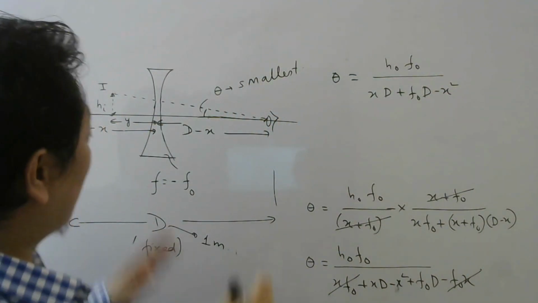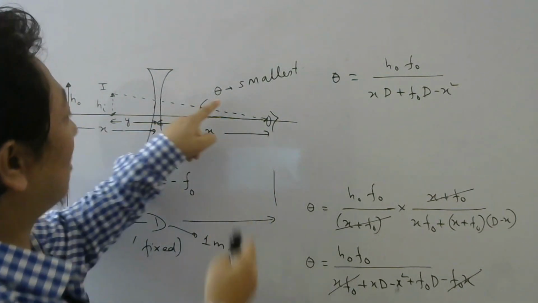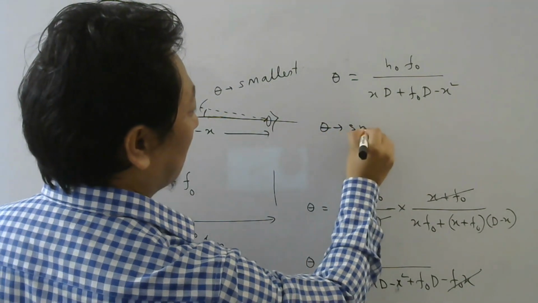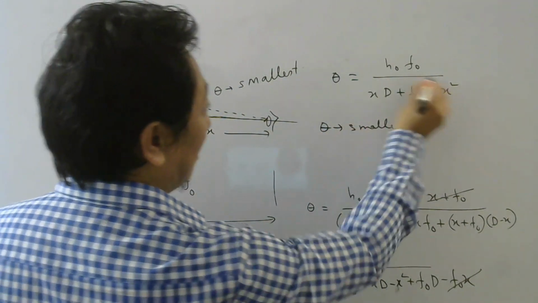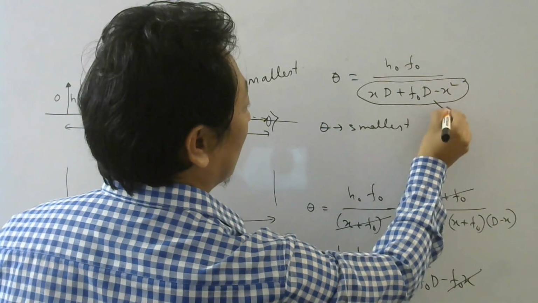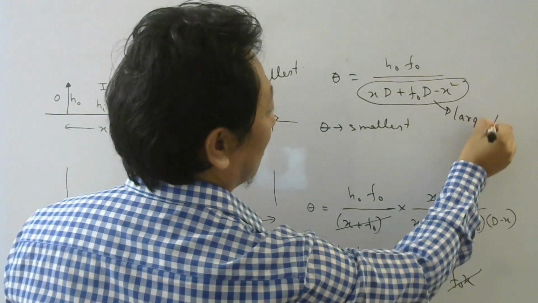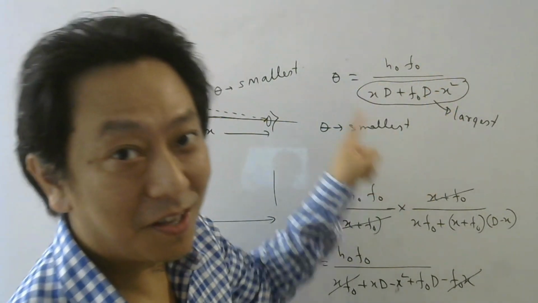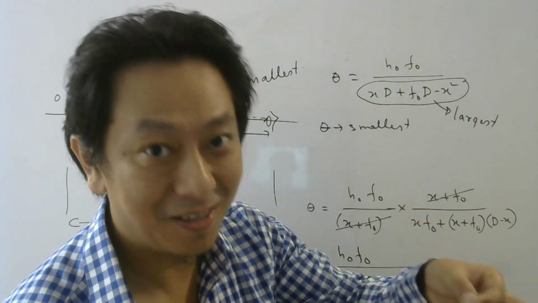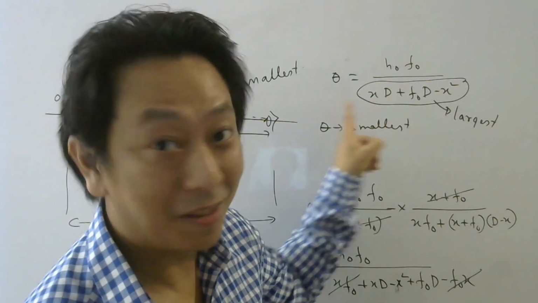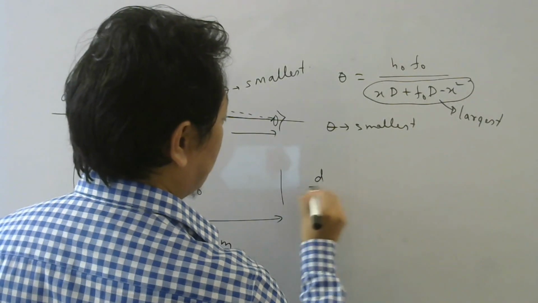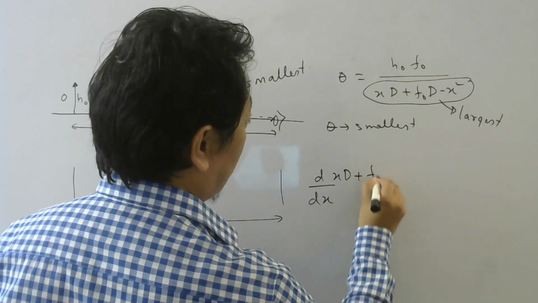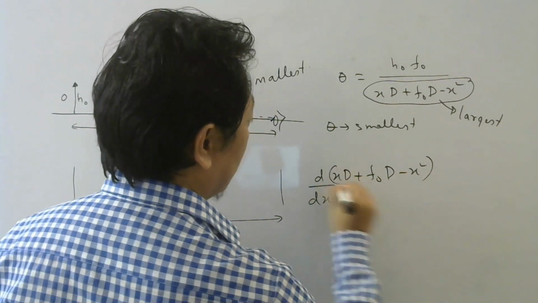Now the question was, at what distance between these two will this theta be smallest, right? So for theta to be smallest, the denominator should be largest, right? And if this function is largest, then differentiation of that function should be 0 with respect to the variable, and the variable is x. So differentiation of this function, x d plus f naught d minus x square, should be 0.